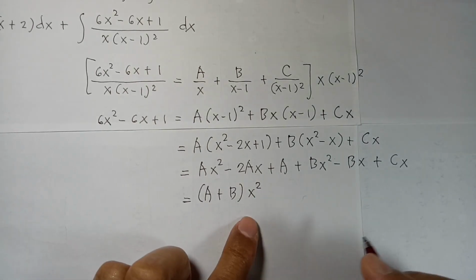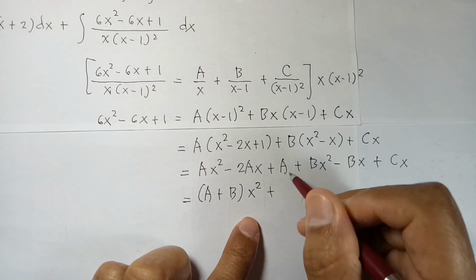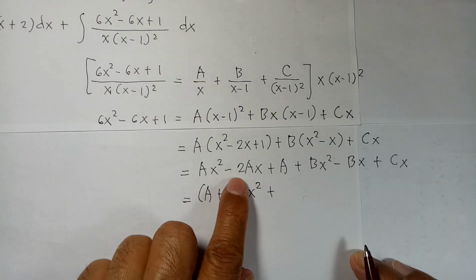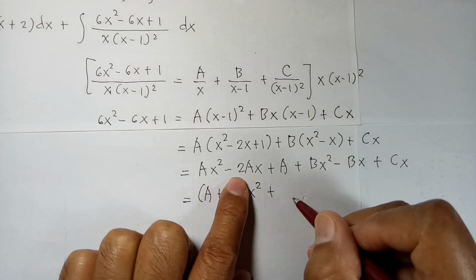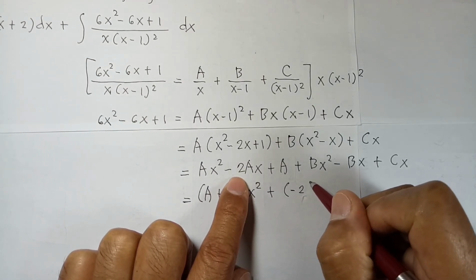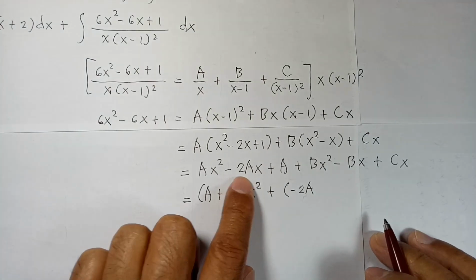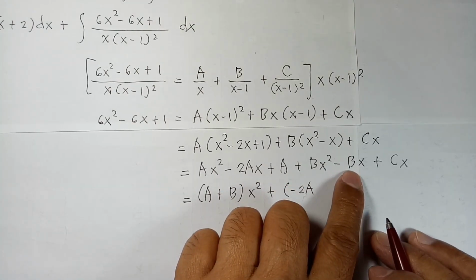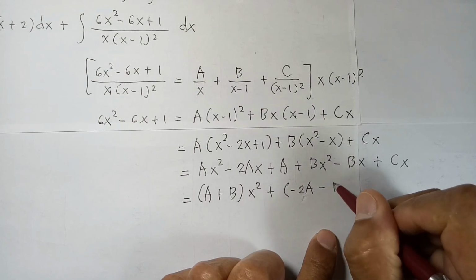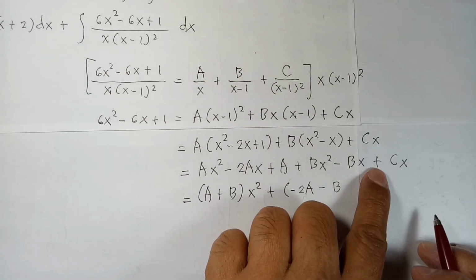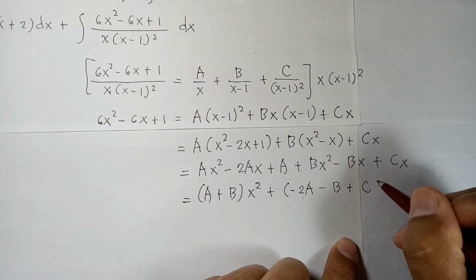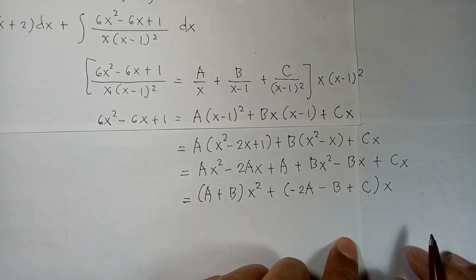And then plus, for x, we will have a coefficient of negative 2a, and then minus b, and then plus c, times x.